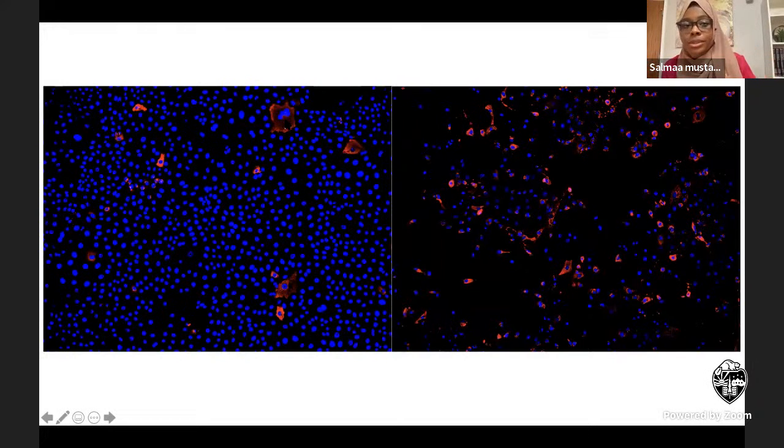You can tell the computer that you're only interested in these red signals that are inside the cell and nothing outside. So that's how this sophisticated system can help you reduce the autofluorescence signals from just endogenous protein production by cells.